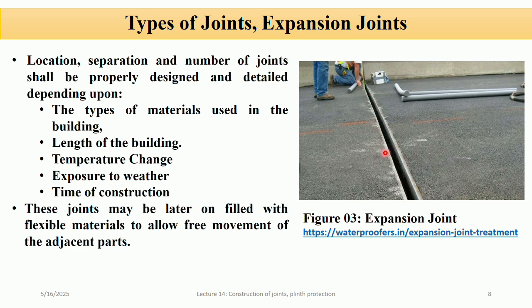After placing joints, the gap is often filled with flexible material like rubber, silicone, bitumen-based compounds or foam. These flexible sealants keep out water, dust, and debris, allow free expansion and contraction, and provide durability and waterproofing without restricting movement.